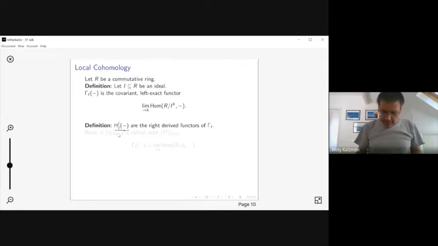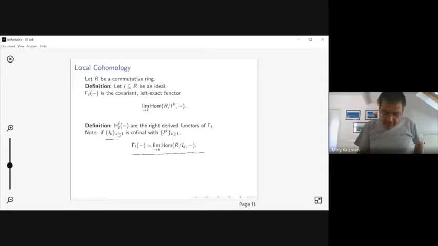Okay, let me remark something here. I can compute the same functor gamma by doing something slightly different. If I give you any other sequence of ideals, which I'm calling I subscript k here, with the property that they are cofinal with I to the kth power, then you can compute this gamma functor as the direct limit of Hom of R mod I_k into your modules.